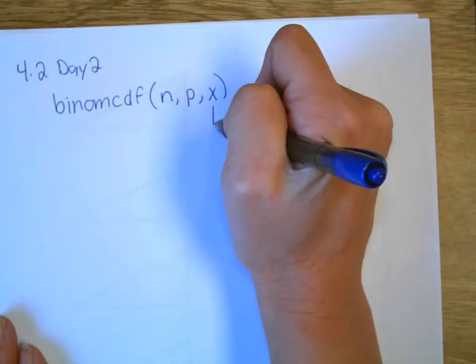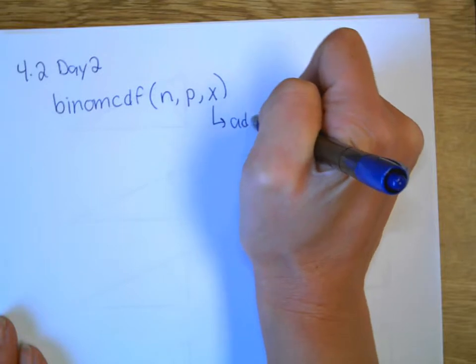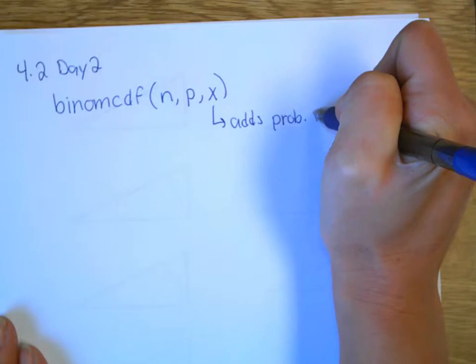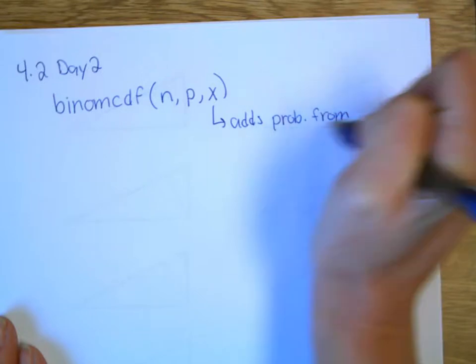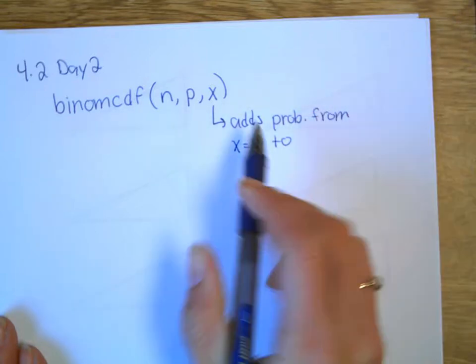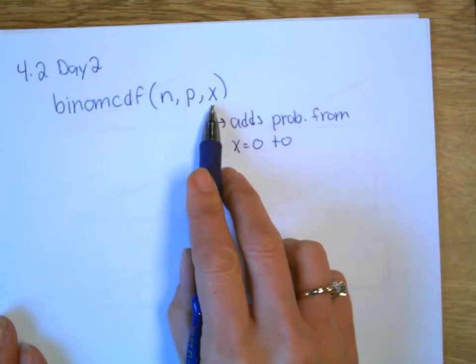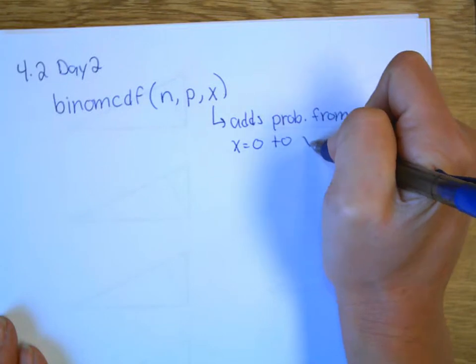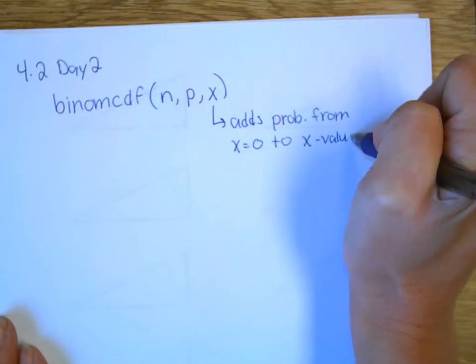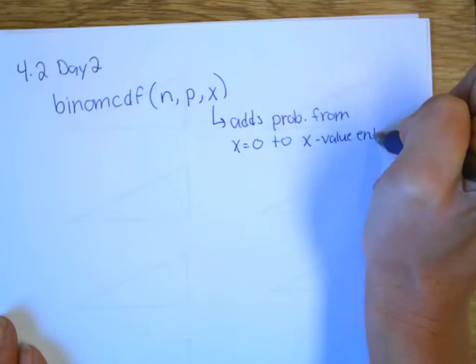So it adds up the probabilities from X equals 0 to whatever X number you put in there, to the X value entered.